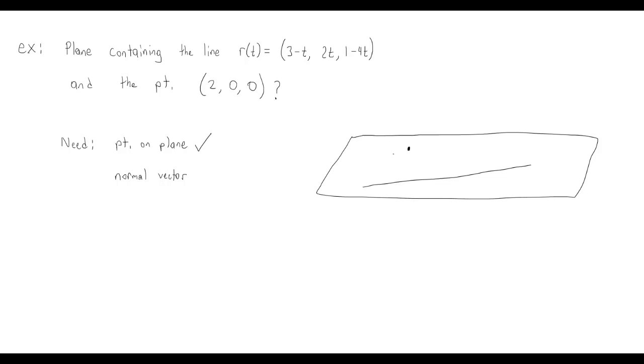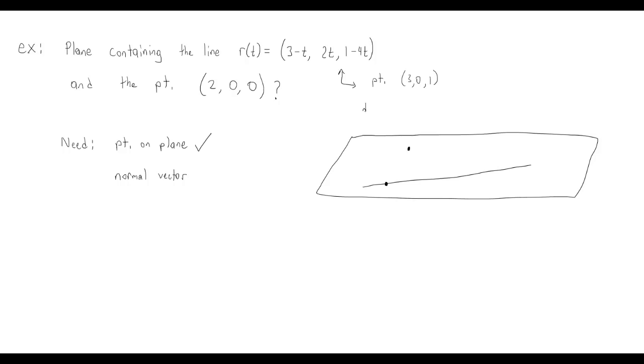Now, from the parametrization of the line, we know that there is a point on the line. We can get the point by looking at the constants, 3, 0, 1. So this is a point that lies on the line.